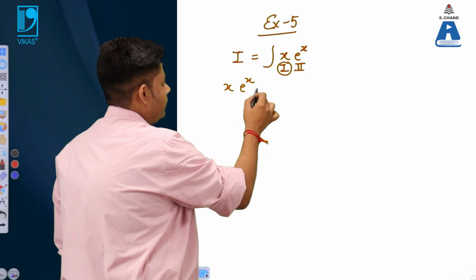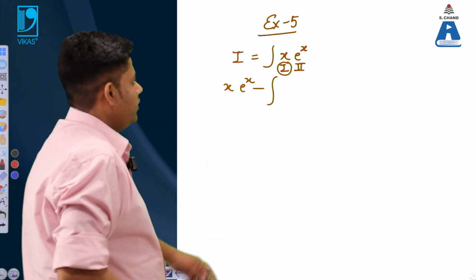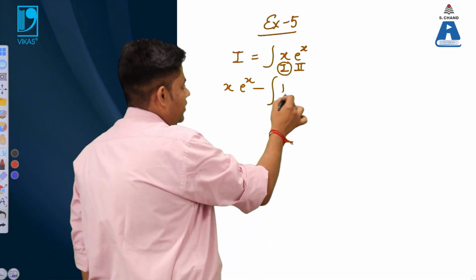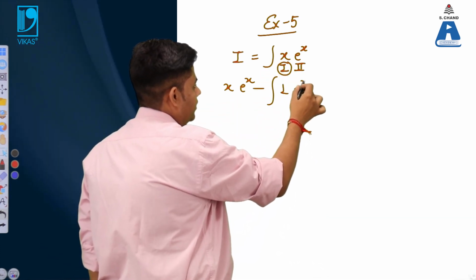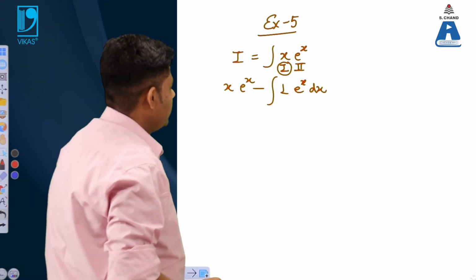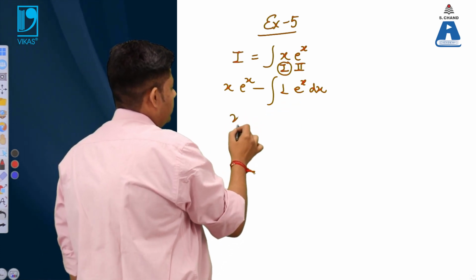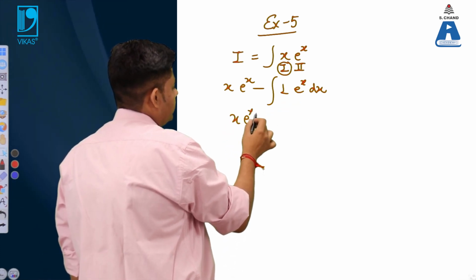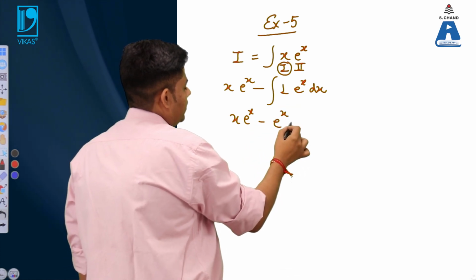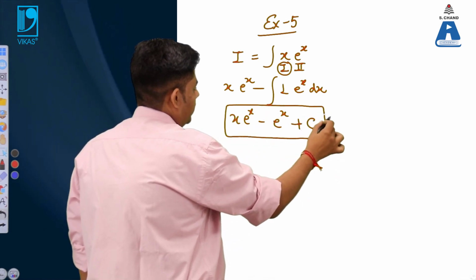Then you have a minus with a big integral: the derivative of the first function, which is 1, and the integral of the second part, e raised to the power x, with dx. So you will solve this as x into e raised to the power x minus e raised to the power x, and then plus c. That would give you the final result.